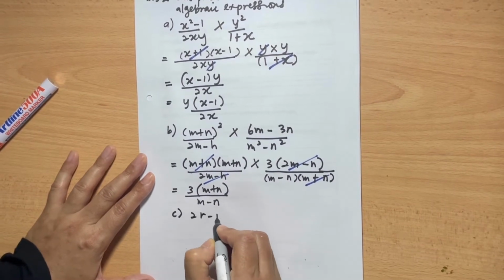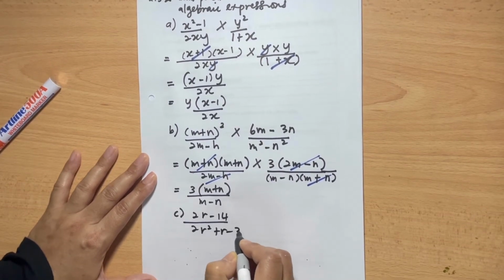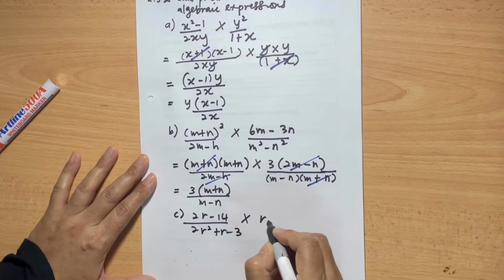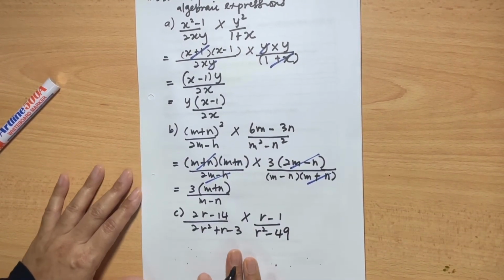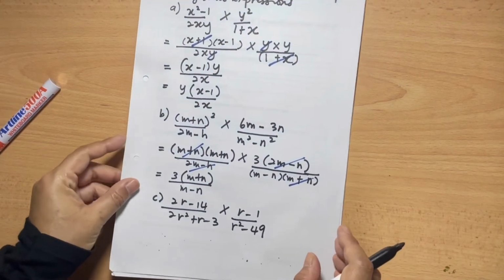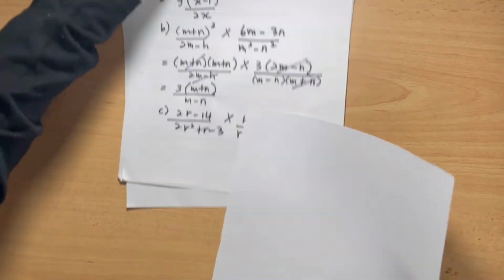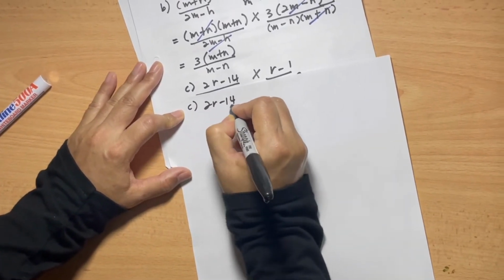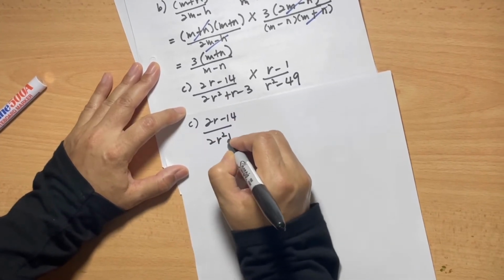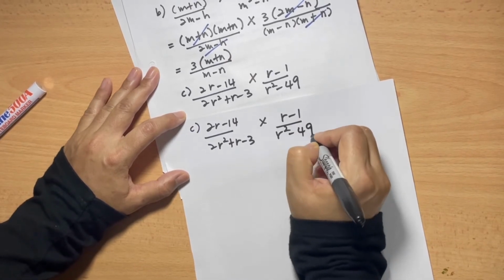2r minus 14 divided by 2r squared plus r minus 3, times r minus 1 over r squared minus 49. I think I do not have much space here, so I write here. Alright, I write the question again: 2r minus 14 over 2r squared plus r minus 3, times r minus 1 over r squared minus 49.